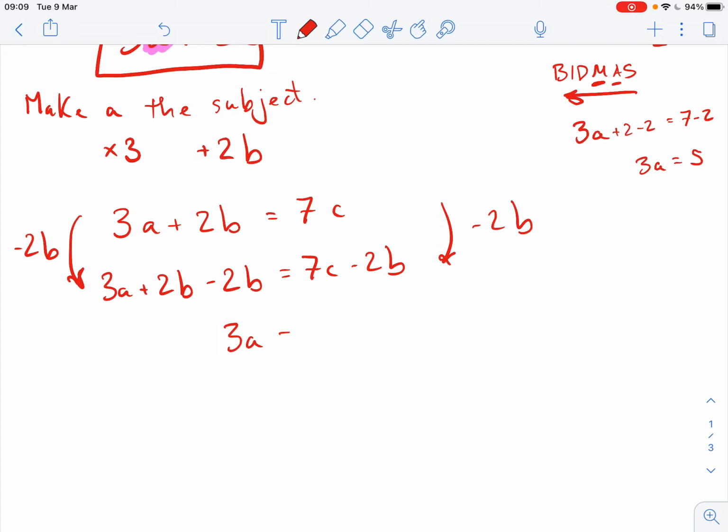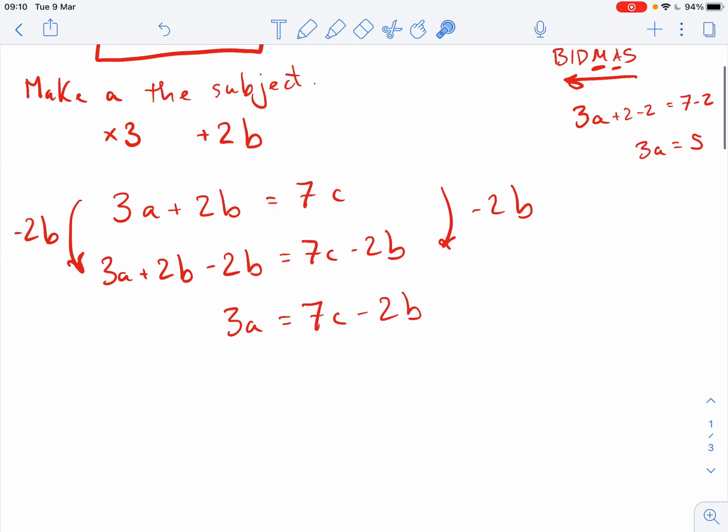So 3a equals 7c minus 2b. And as you become better and better at this, you can maybe miss out that middle step. Okay, and if these were both c's, then we might want to collect those terms together. But as there's a c and a b here, we can't collect those terms.